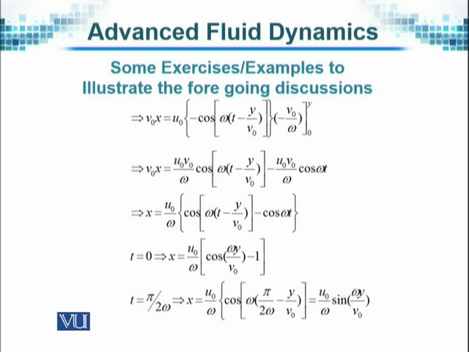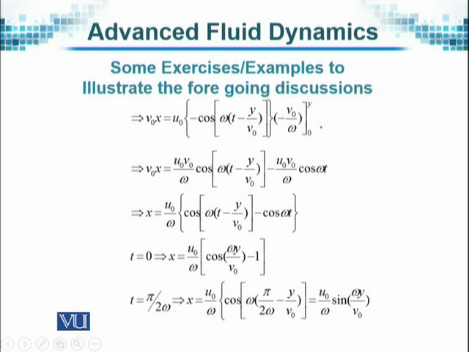After integrating, we obtain v naught times x equals u naught into minus cosine of omega t minus y over v naught into v naught over omega, with a negative sign, within the limits 0 to y. With these substitutions, we obtain these values.